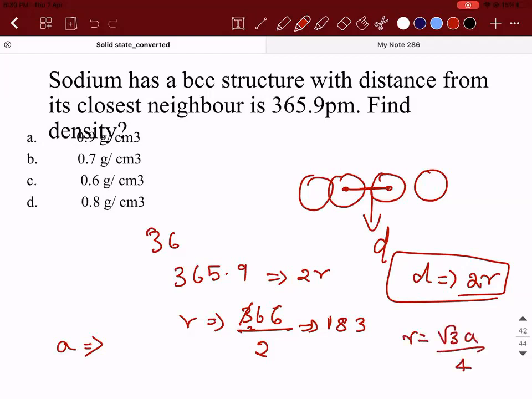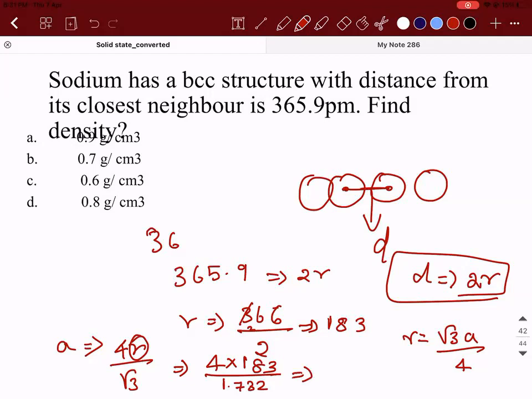Correct me if I'm wrong. So a is equal to 4r by root 3. Substitute the value of r here: 4 into 183 divided by root 3, whose value is 1.732. So what is your answer for this?